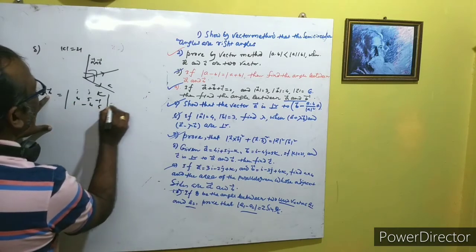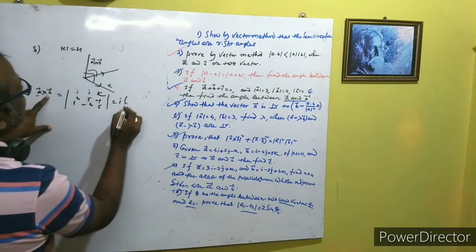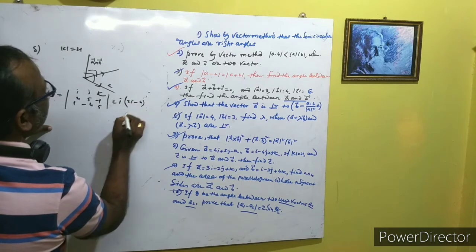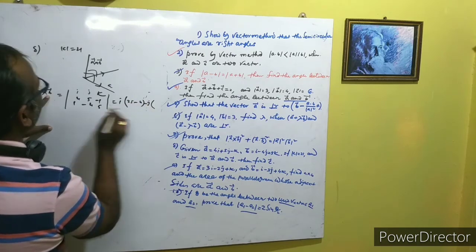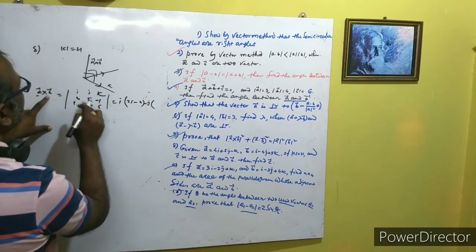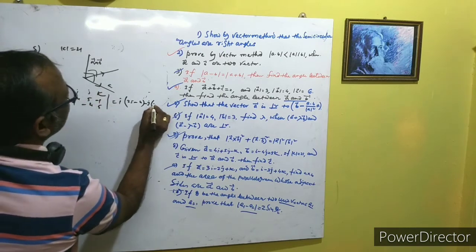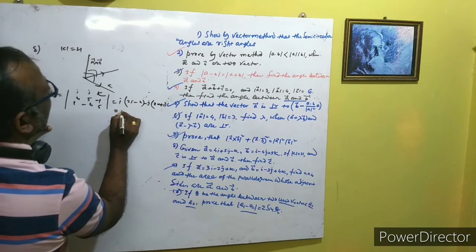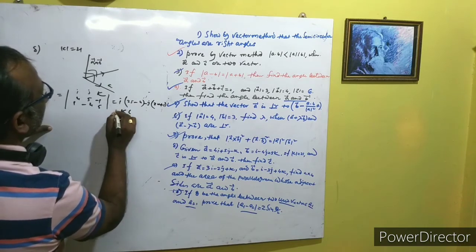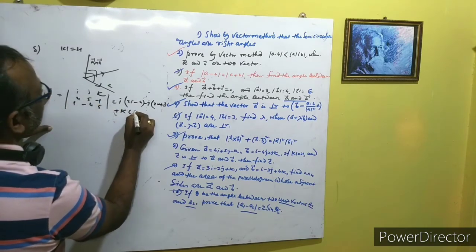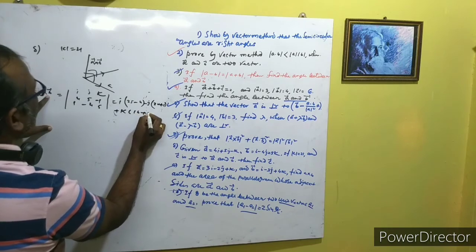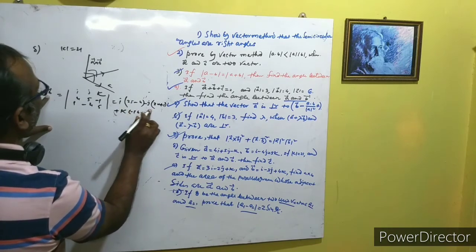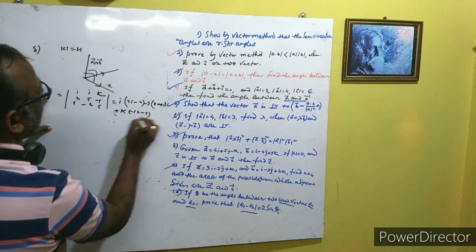I is 25 minus 4, minus J is 20 plus 1, and K is minus 16 minus 5.